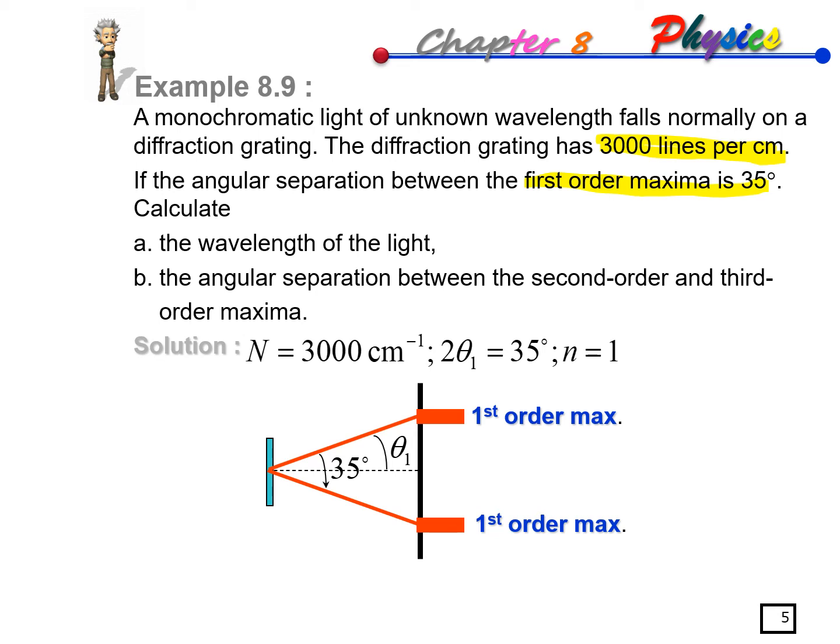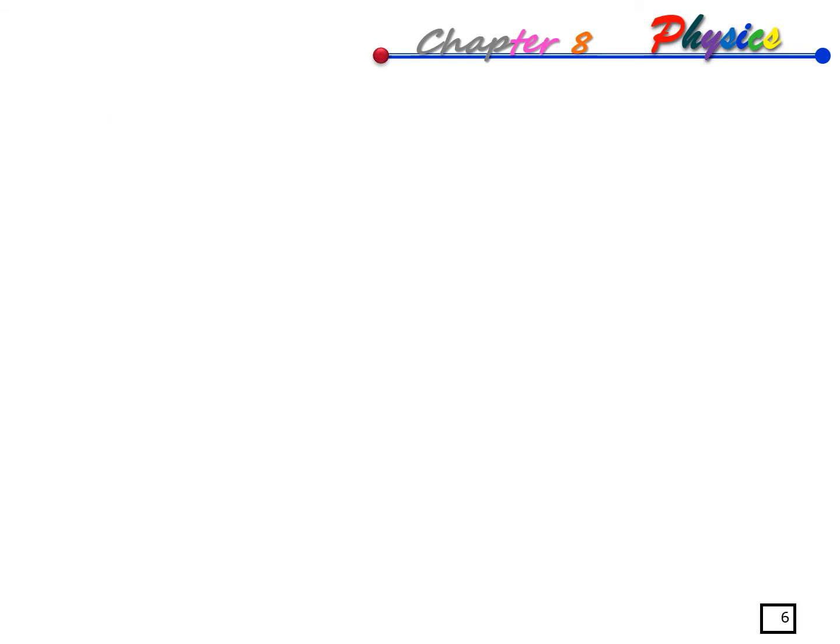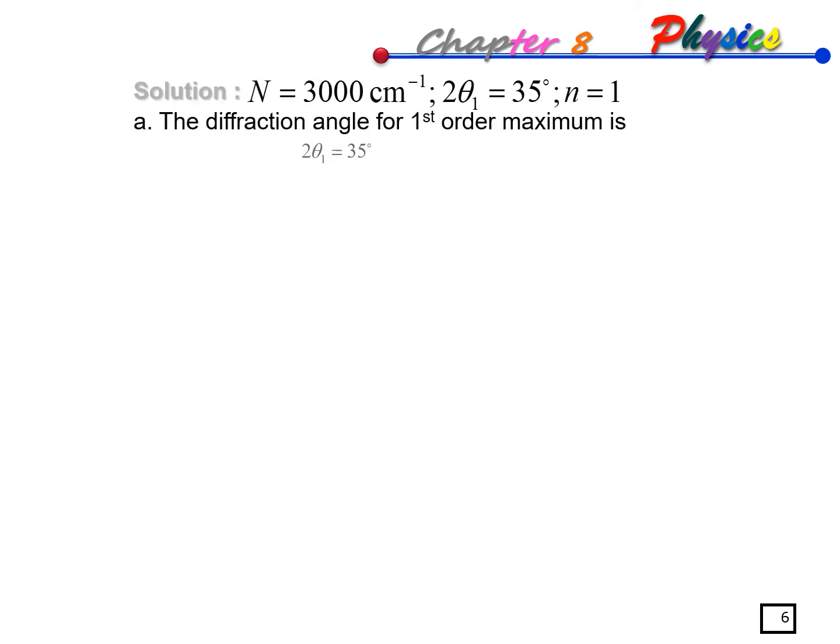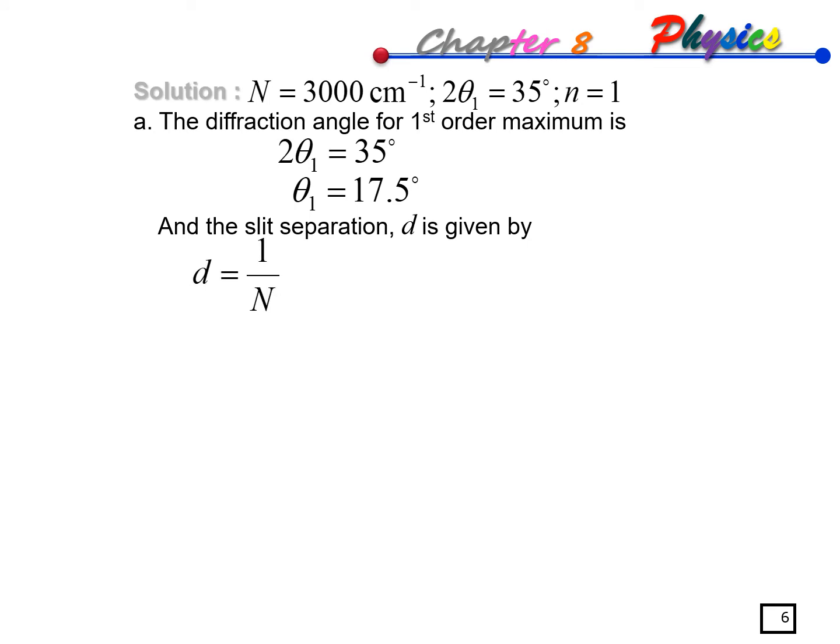From this we can calculate the angle for one first order: based on the drawing, total 35, so for one order it will be 17.5. And then we can calculate the slit separation, d, which is equivalent to 1 over N.